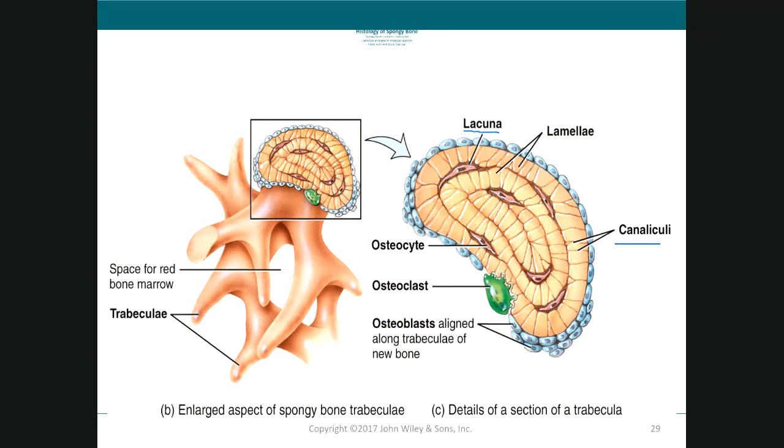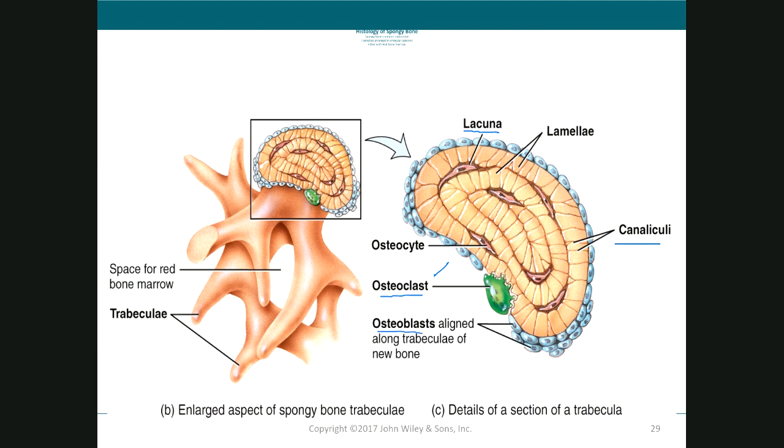Within the endosteum of the spongy bone, we have osteoclasts. And remember, the osteoclasts are the bone cells that promote resorption, or breaking down the bone. And there are also osteoblasts that build bone.